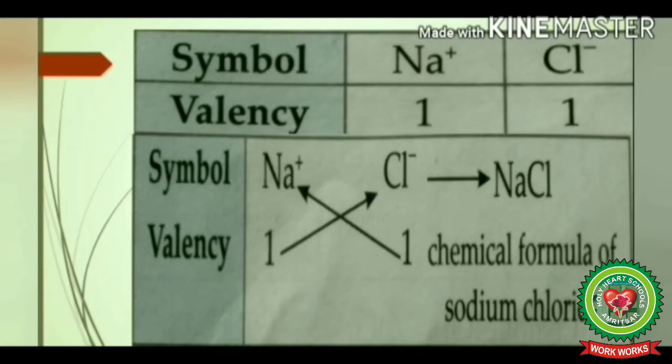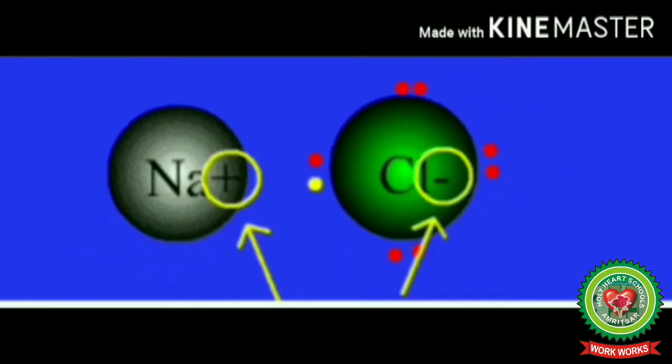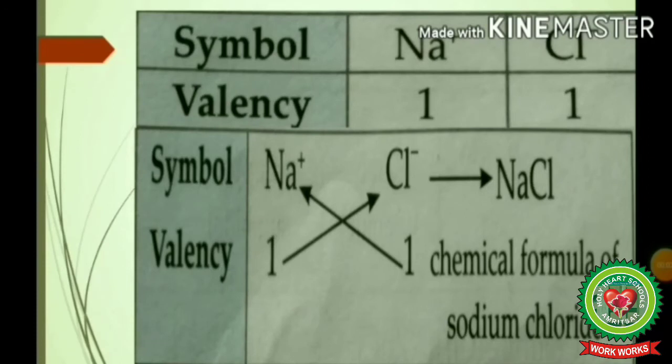Now students, let us understand the steps involved in writing the chemical formula of sodium chloride. Sodium chloride is made up of sodium and chloride radicals. Students, always remember, ions are also called radicals.